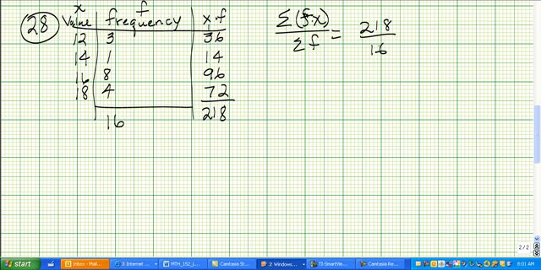The mean to the nearest tenth, and they're coming up with something else, so I better recalculate here. 8 times 16, there's where I'm wrong. 8 times 16 should be 128.